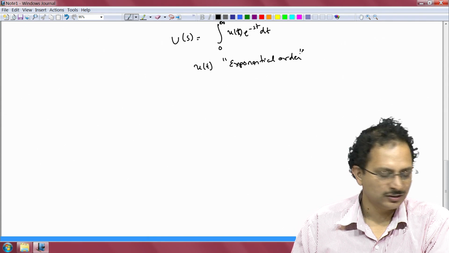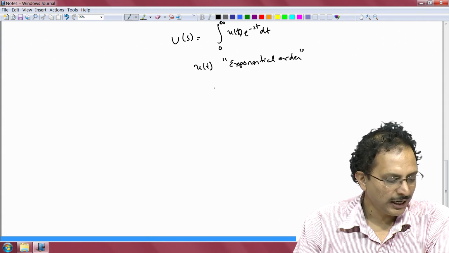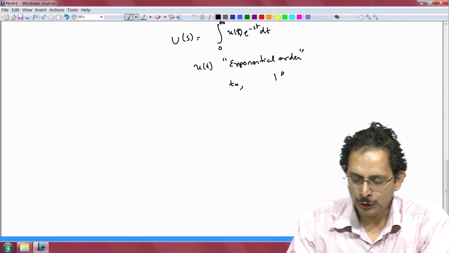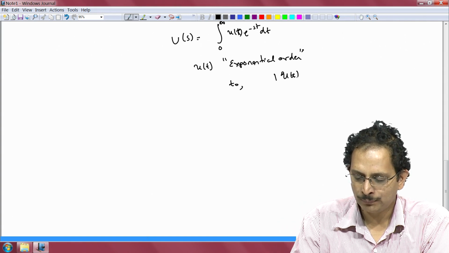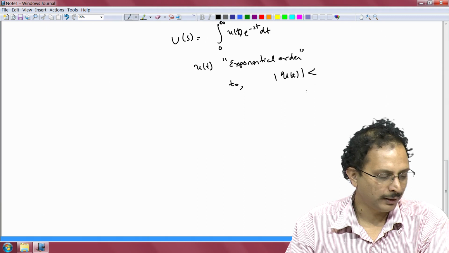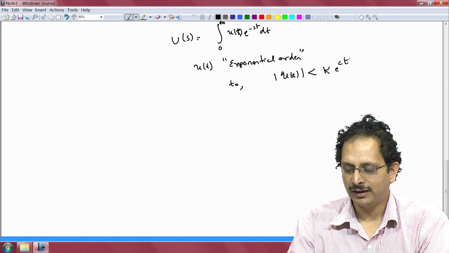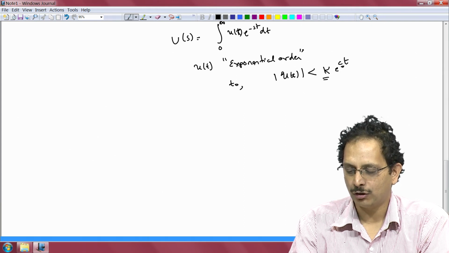What we mean by this is that we should be able to find a time t naught beyond which the magnitude of this function u of t can be bounded by a term of the kind k e power c times t, where k is a constant and c is a constant.